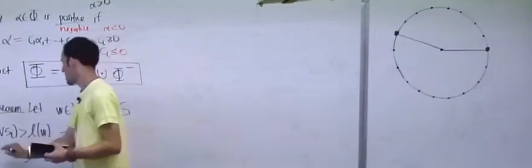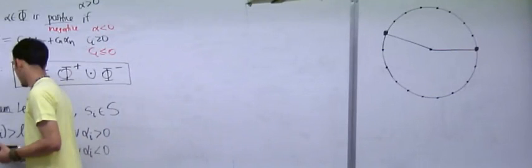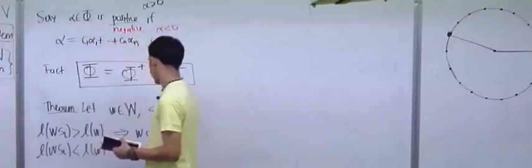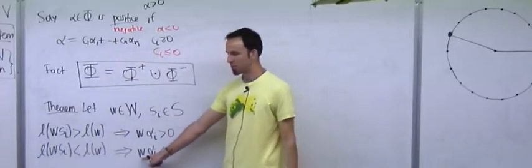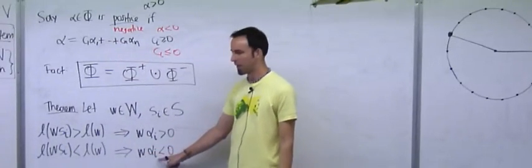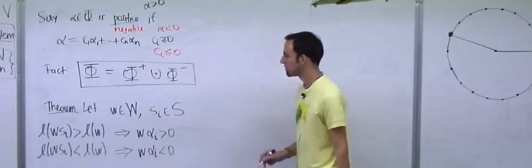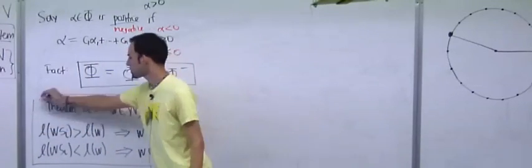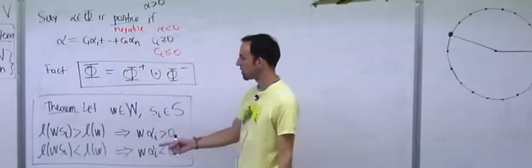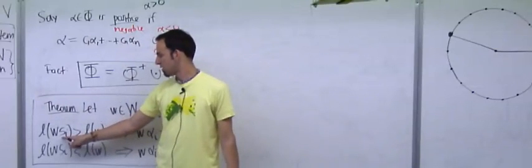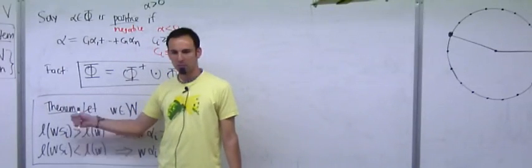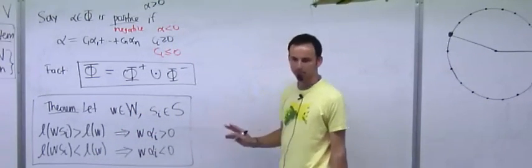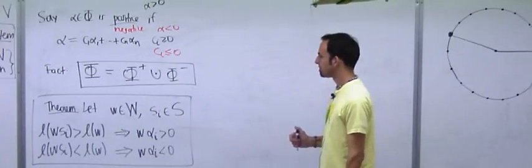And on the other hand, if when you multiply w by s_i you become shorter, then w sends alpha_i to a negative root. This is if and only if, because we know that for any s_i, multiplication by s_i either makes you bigger or smaller. That makes you either positive or negative. Okay?